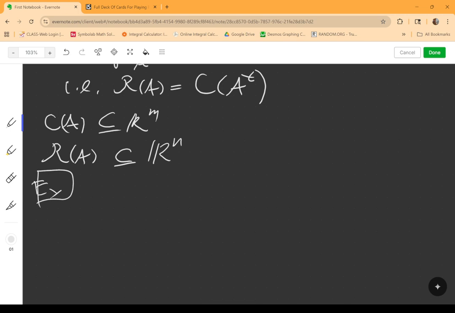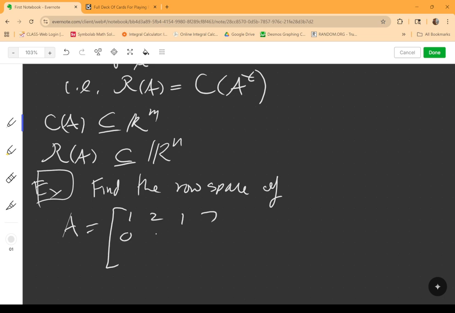For our example, we just straightforwardly find the row space of the matrix A, which we define as 1, 2, 1, 7, 0, 1, 1, 4, 1, 0, 1, 5, 2, 1, 0, 5, and then 1, 1, 2, 9.